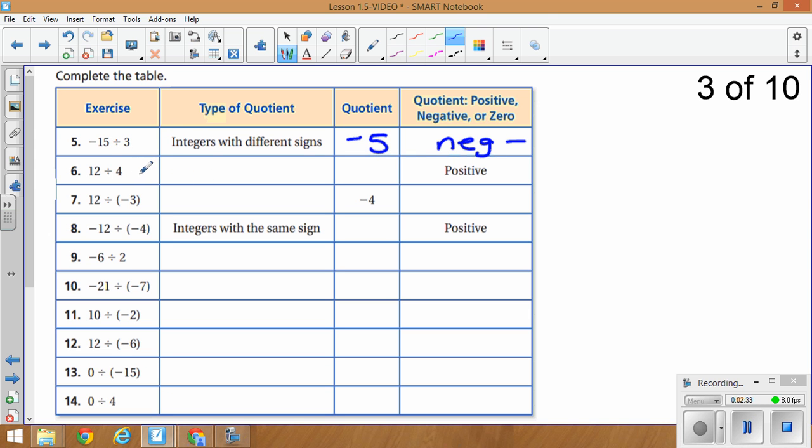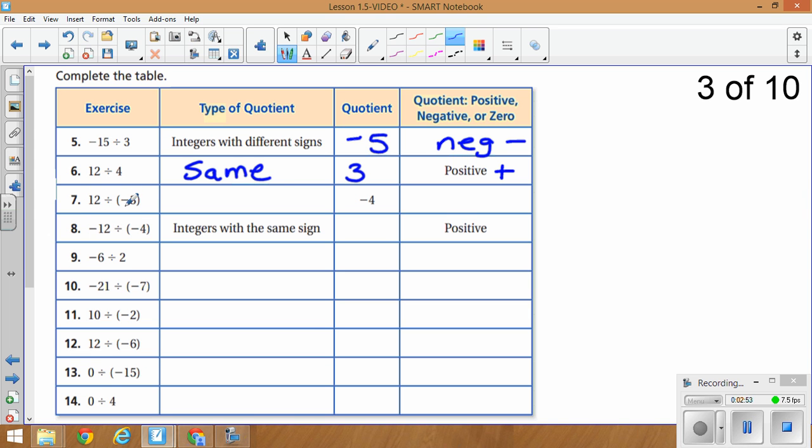12 divided by 4. The type of quotient is integers with the same signs. My solution is going to be 3, and the answer is positive. Again, if that wasn't there, you could have just put plus. Number 7, 12 divided by negative 3.